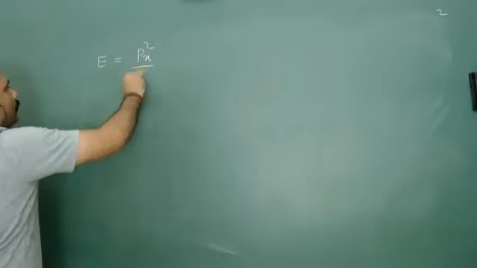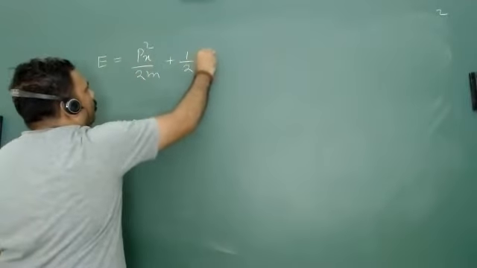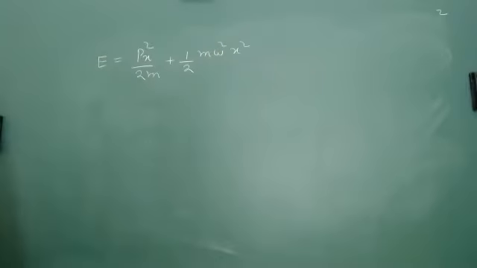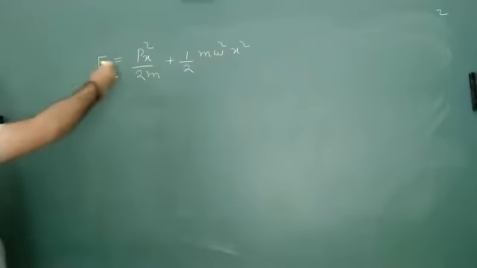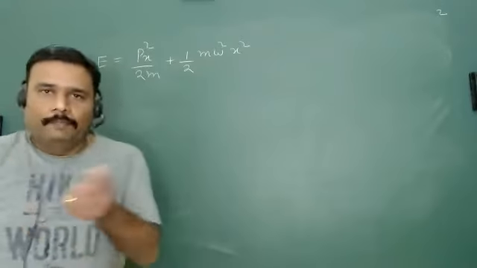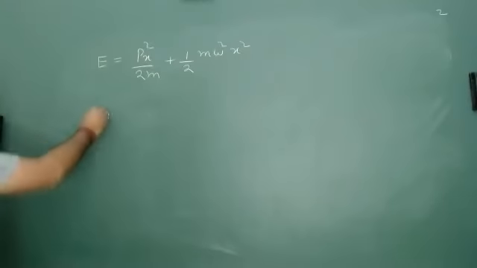Px square upon 2m plus half m omega square x square. Now, for uncertainty, I cannot say this will be exactly Px and exactly x. There may be some variation in x and Px. So, what will be the energy?